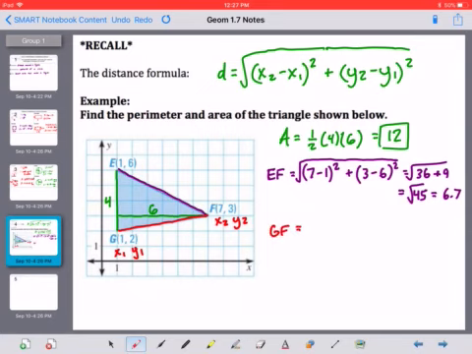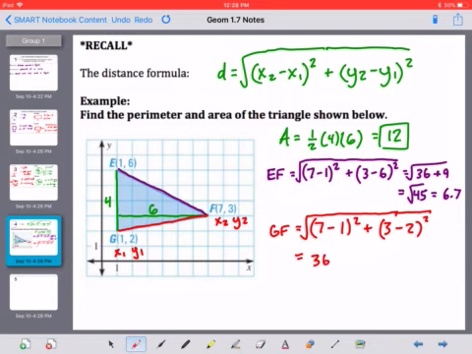So we end up with 7 minus 1 squared, and then our y2 is 3, our y1 is 2, so 3 minus 2 squared. 7 minus 1 is 6, 6 squared is 36. 3 minus 2 is 1, 1 squared is 1. So this would be the square root of 37, which is approximately 6.1.